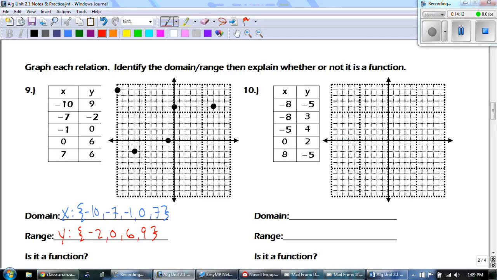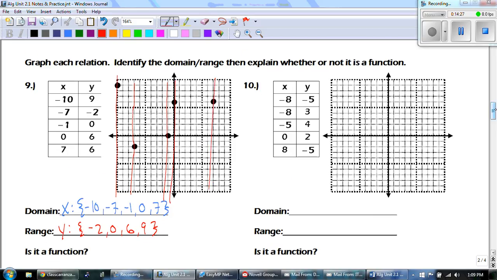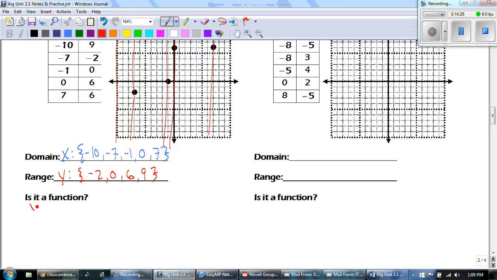Are there 2 points directly above each other? And what I would do is I would just kind of draw a line. Oh, I'm good there. I'm good there. There's only 1 point. There's only 1 point. There's only 1 point. So is this a function?